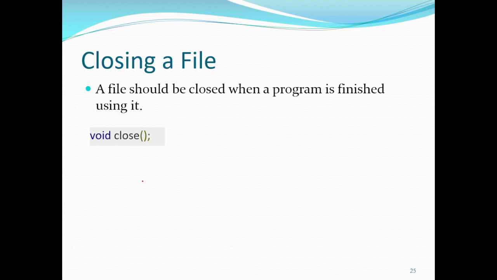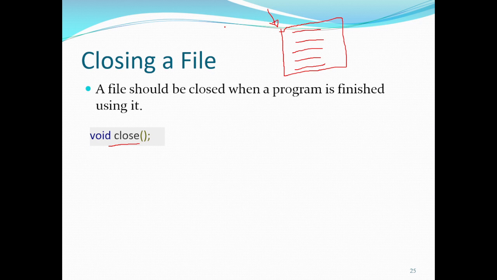When we open a file for reading or writing for any purpose, we can do any operations on it, if we are allowed. At the very end, if we don't close it, the operating system knows that somebody is using that file.